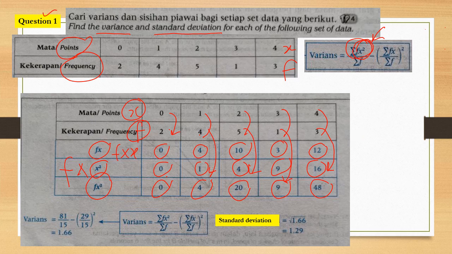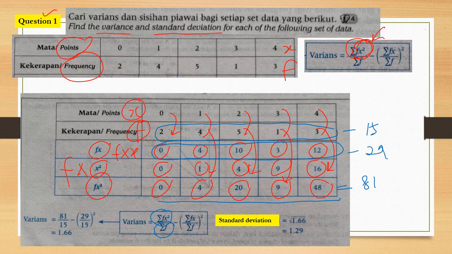So fx first, you sum all here, you'll get 81. Your sum of f, you'll get 15. And then f x square, you sum everything here, you'll get 29.